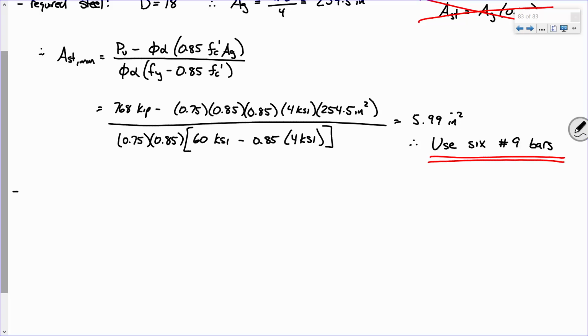What's that? 6. So we're good there. The only thing we need to do is select the amount of spiral reinforcement. That's it. And I'm going to tell you, 999 times out of 1,000, it's going to be number 3s at 2 inches. And you're going to see why. Watch this.